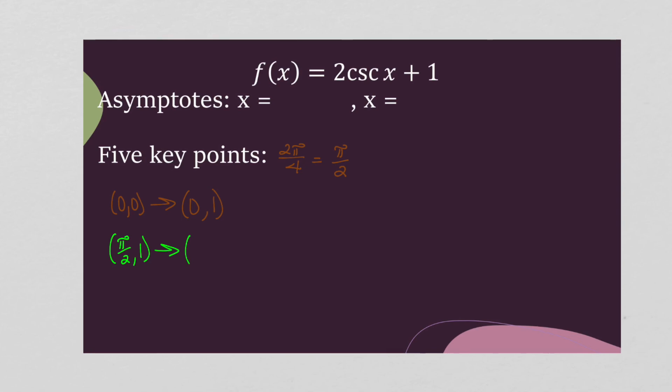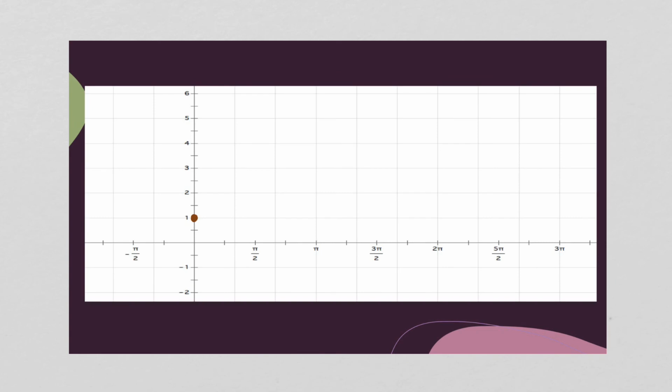And since there's no phase shift, the period is the same as the period of normal sine. The period divided by 4 is pi over 2, so we're still at pi over 2. It would normally be at pi over 2, 1.